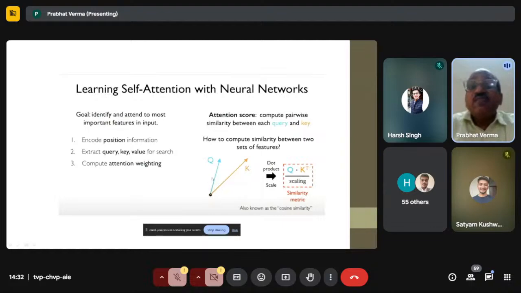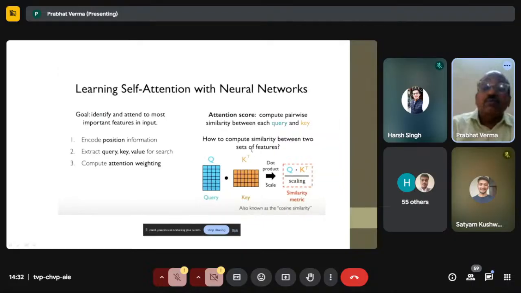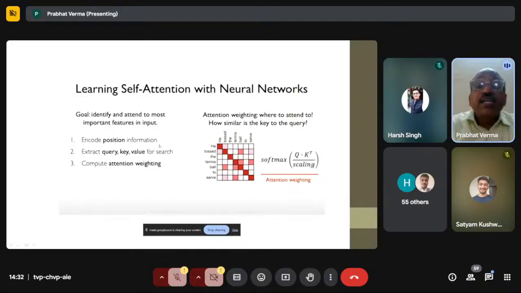So we can treat them as two vectors, query q and key k, and we find the dot product, or the projection of q over k. So that is the scaling. That is the similarity matrix, q into k transpose. This is known as cosine similarity. This will give the attention score. So this is the similarity matrix. Suppose you want to show attention graphically also.